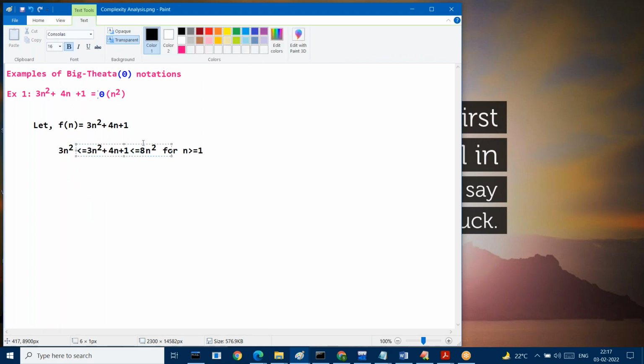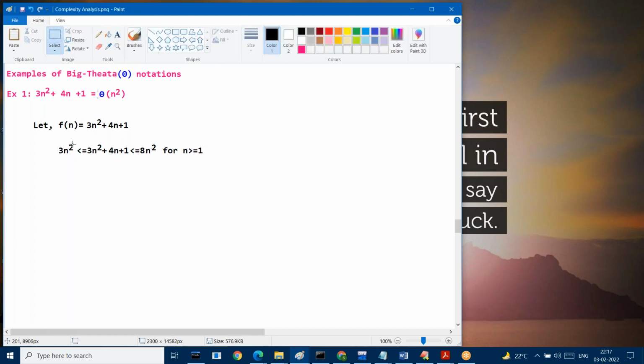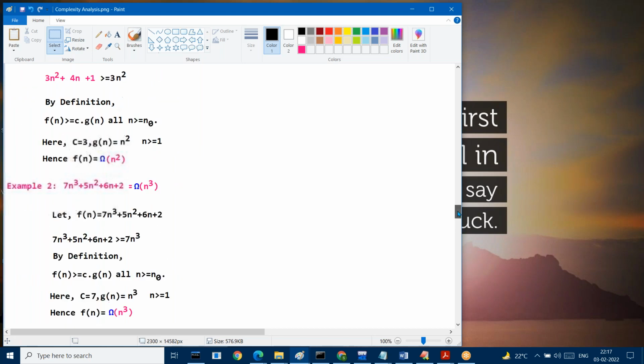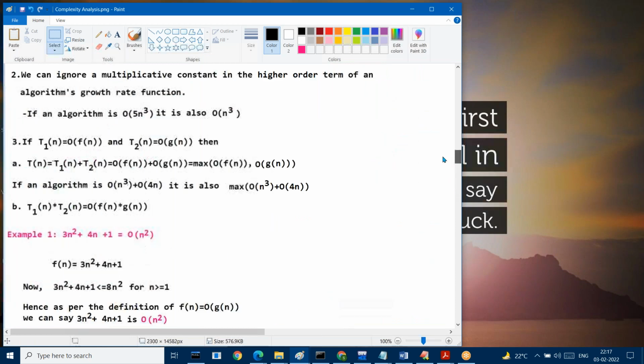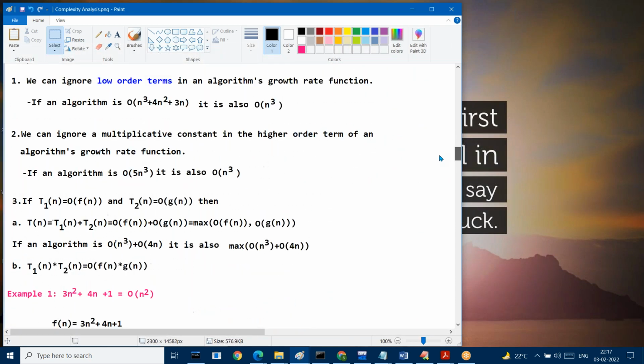Isn't it, guys? Total value will definitely be greater or equal to 3n square, sir. Now what we are supposed to do, see the definition of ours.